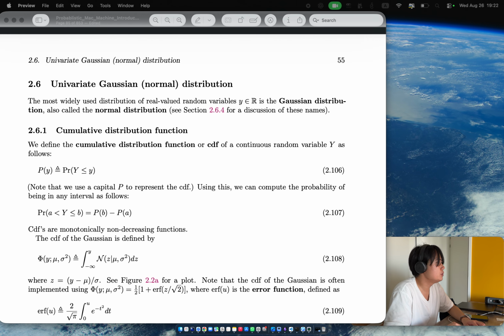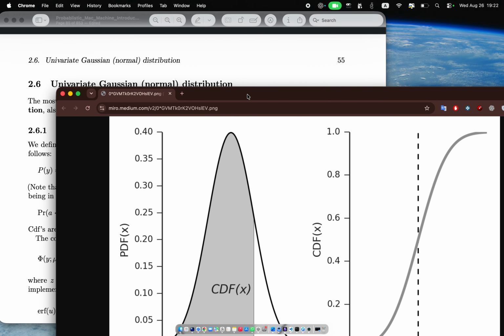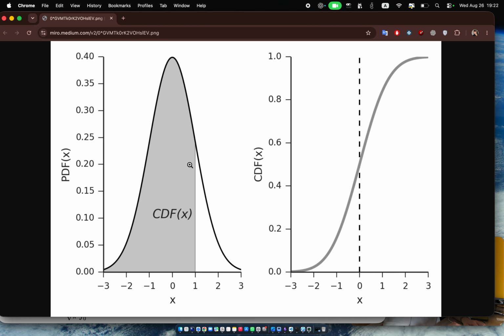The cumulative distribution function itself is more gradual, and at a later point we will also come to the concept of the probability distribution function, which we probably already discussed, but that's the shape.